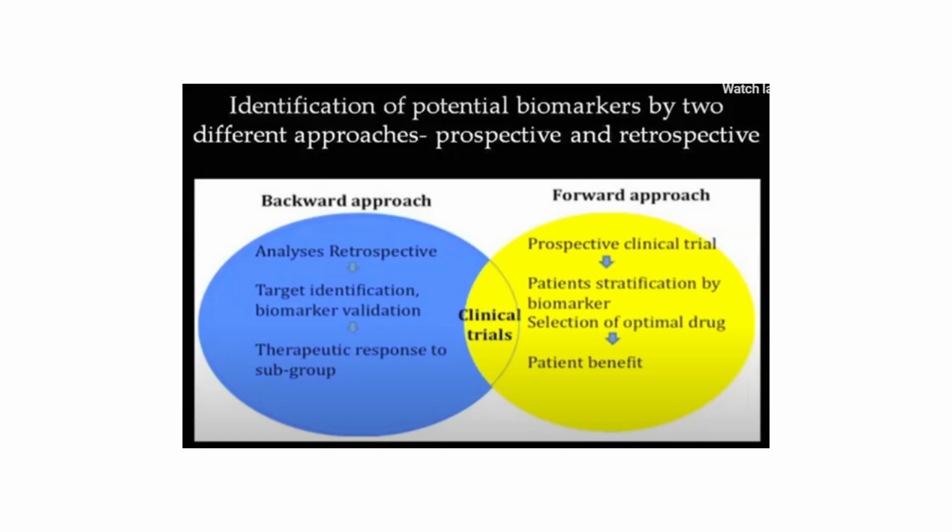So in the backward approach, the person is already having the disease, and we are trying to compare the control and the diseased one and check which certain proteins are upregulated or downregulated. That's the backward approach, of which one example was given. But you can also perceive this proteomics research in a forward approach.